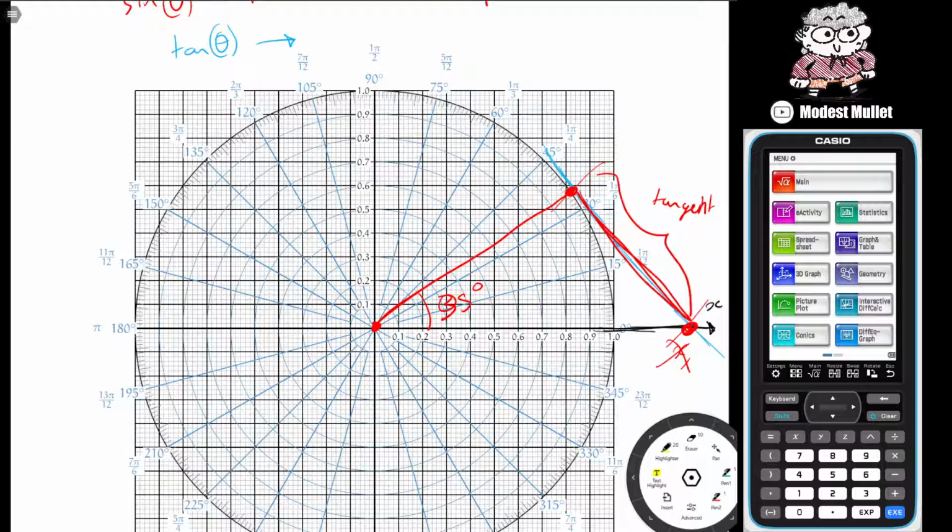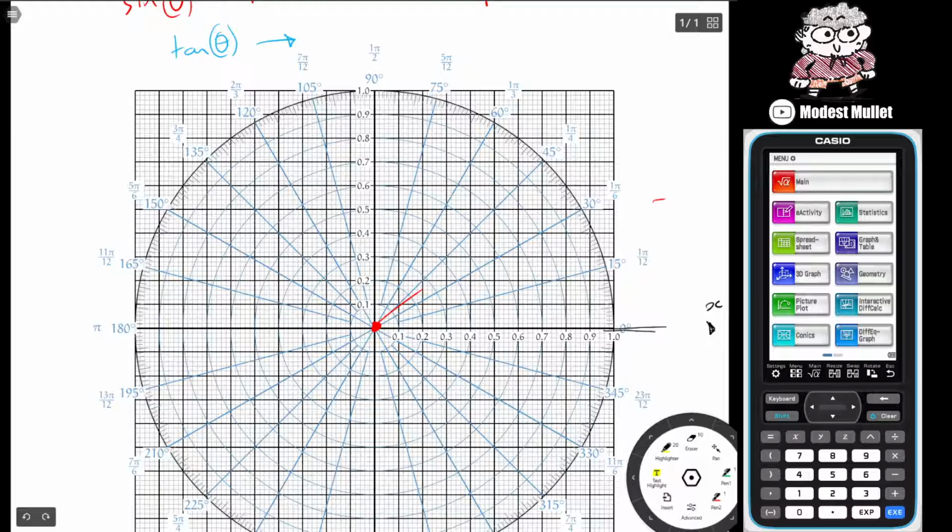Now, if you put tan of 90 into your calculator, you'll get undefined. Why do you get undefined? Well, let's draw a line at 90 and see what happens with the tangent. We draw a line up at 90 degrees. We get to here. We're now going to draw a tangent at that, and we'll see the tangent goes on like that.